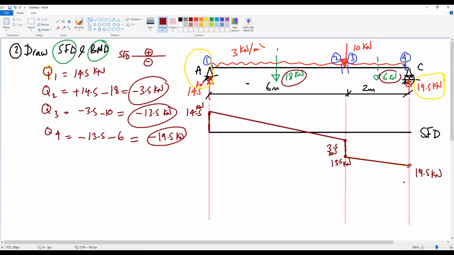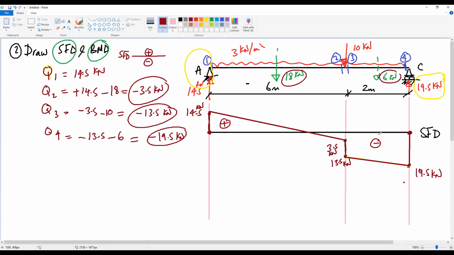So we start from 0 and end at 0. In this shear force diagram, this part is positive because it is above datum. This part is negative because it is below datum. Okay. What is the next step?